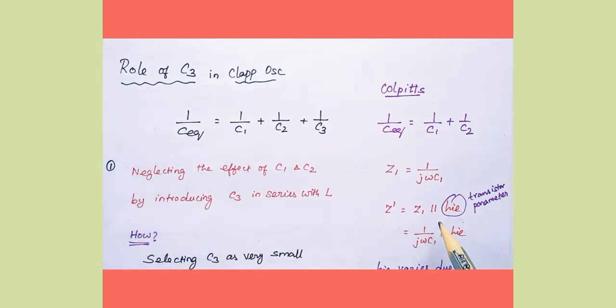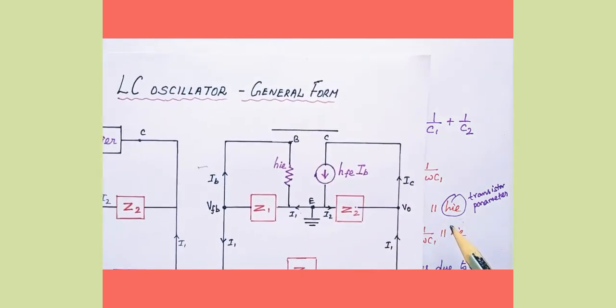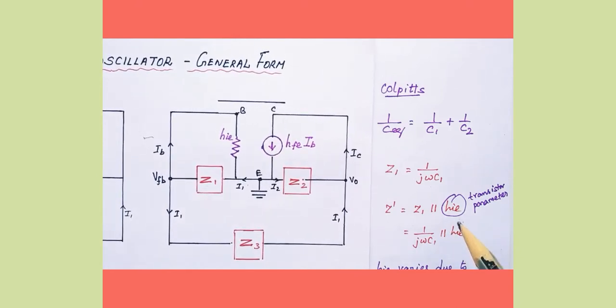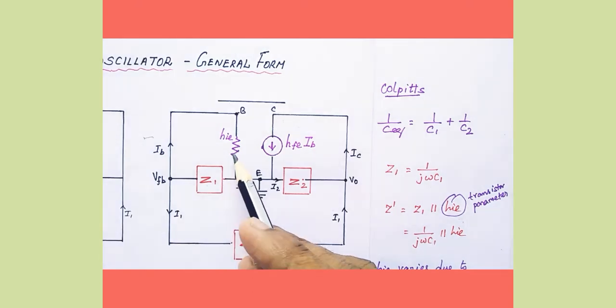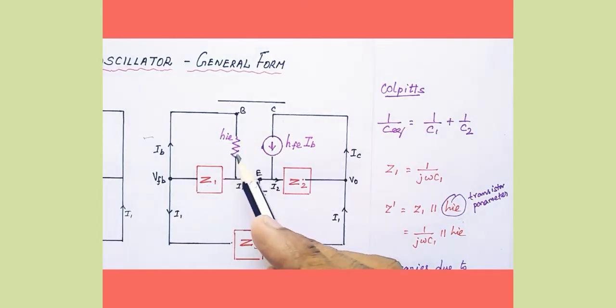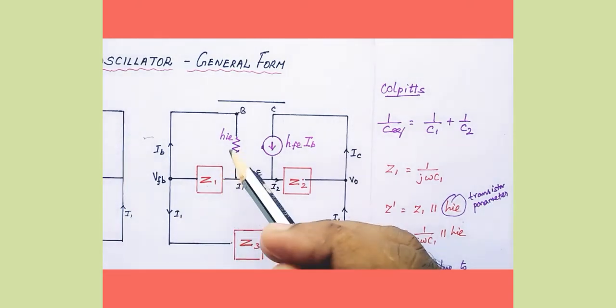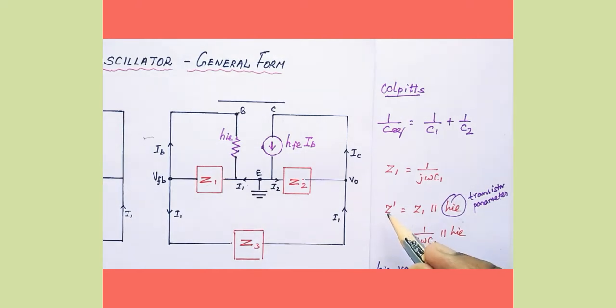Now we look at the general form of LC oscillator diagram. So what happens here? The Z1 is parallel with the base to emitter resistance called the input resistance Hie. So Z1 is parallel to Hie. This gives a new impedance called Z dash. In this Z dash we have a transistor parameter.